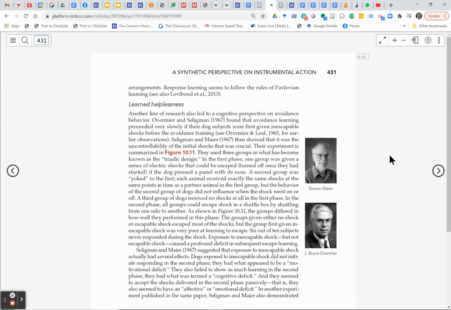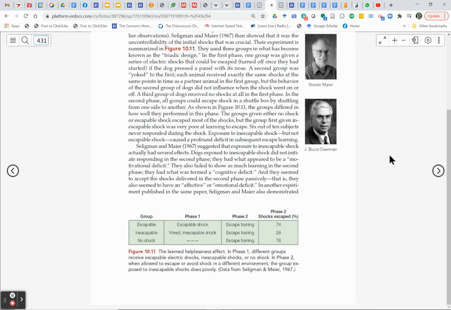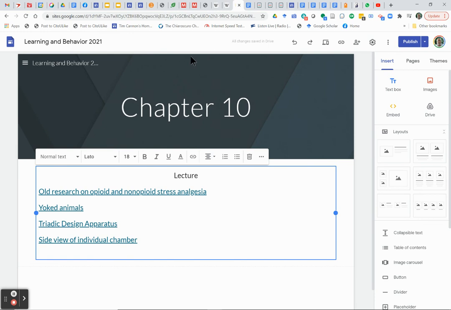But Steve Maier, many years later, did do research that was relevant to this. And Seligman and Maier, there's a few concepts here that you need to deal with. One of them is yoking, which I thought was common English, but it's not.